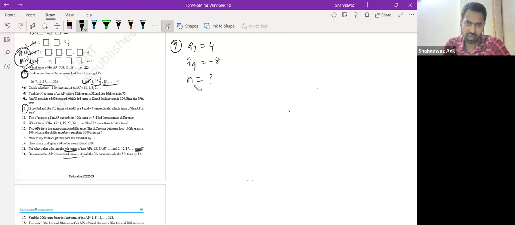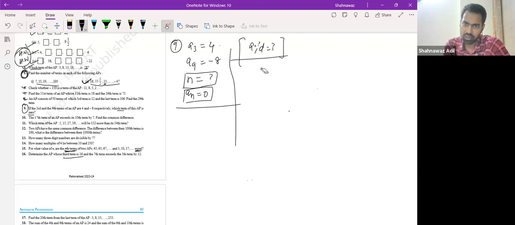Which term, meaning we need to find n, but they have given that the nth term is 0. So what is 0? An is 0, right? So then we have to find n. To do that, we have to calculate first what is a and what is d. So a plus 2d is 4, a plus 8d is -8.